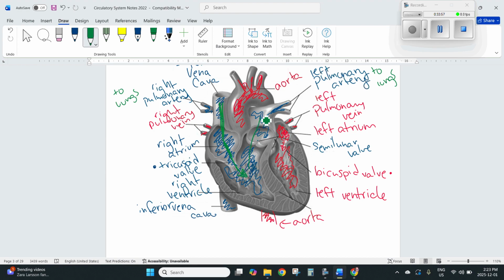Then it comes out and it goes to the lungs. And then the oxygenated blood comes back from the lungs into the left atrium, goes into the left ventricle, and then it comes out through the aorta to the body.